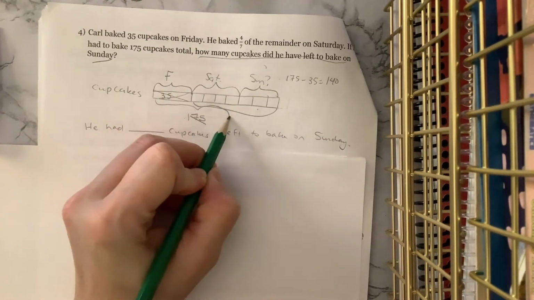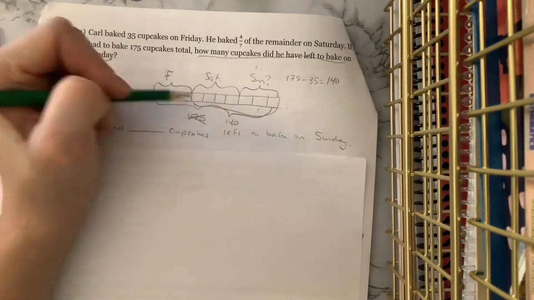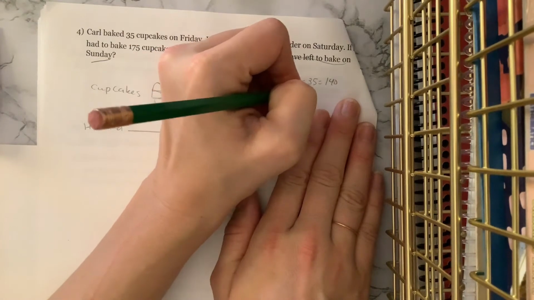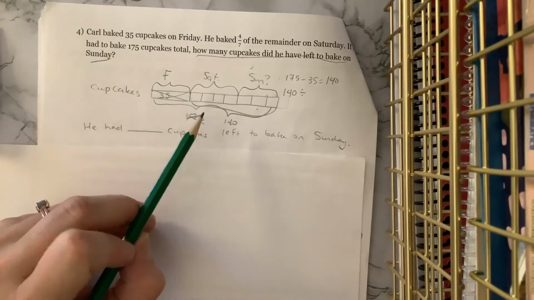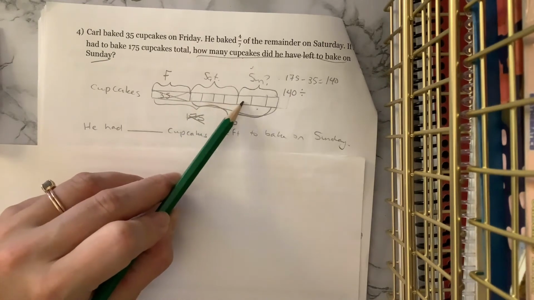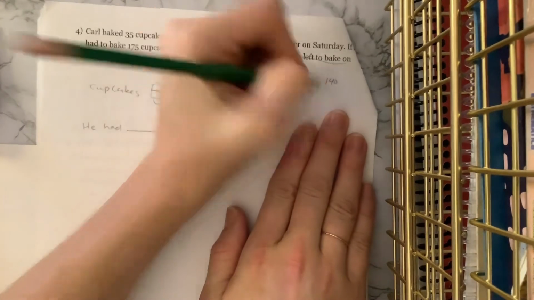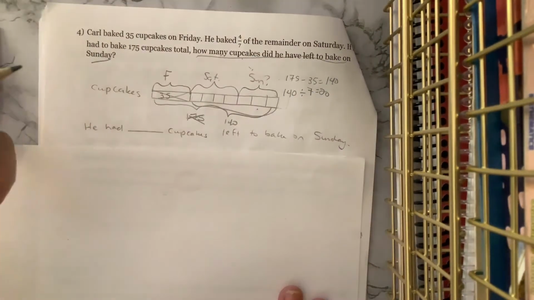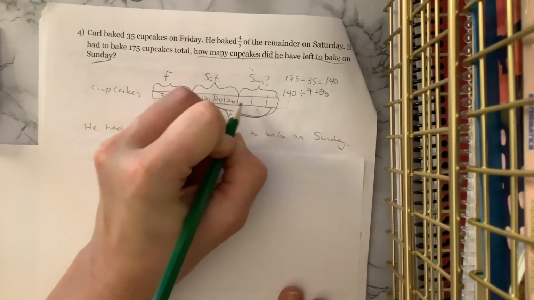So that means then that we're focusing here on 140, on just the remainder. So again, we move on to our division and we let the picture tell us what to do. 140 divided by what? Divided by 7. What do we get when we divide 140 by 7? Yeah, we get 20. That means each of these is equal to 20.